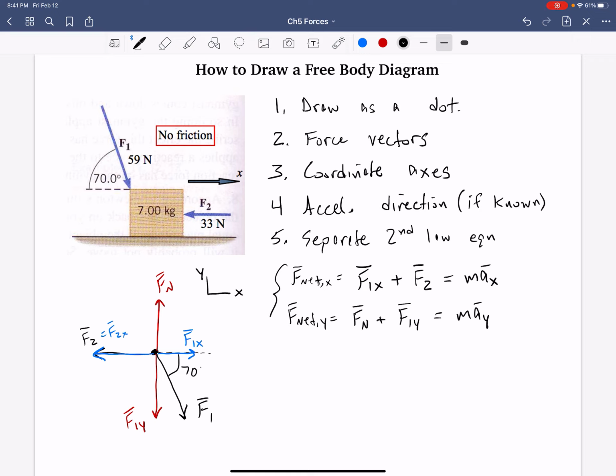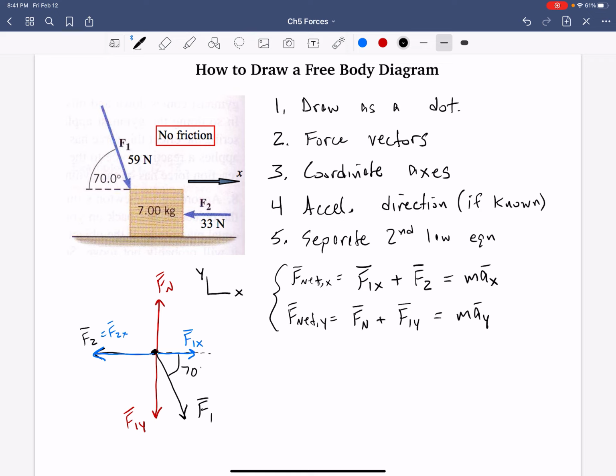These are the second law equations right there. And these are the equations you'll algebraically solve to get whatever final answer the problem wants. In this case, we can solve for the acceleration if you want, okay? What acceleration would this block have?